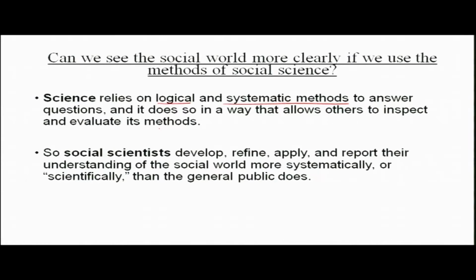Drawing from that, social scientists develop, refine, apply and report their understanding of the social world more systematically or scientifically than the general public does. That is one of the added vantage points of doing social science research.